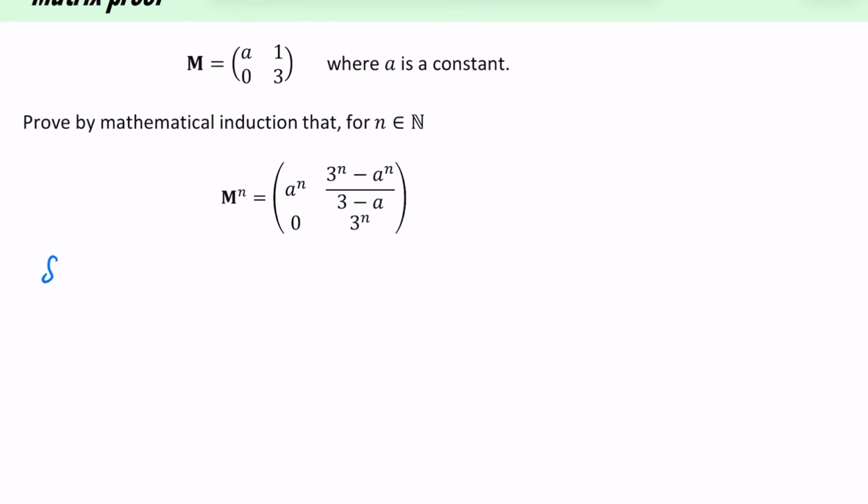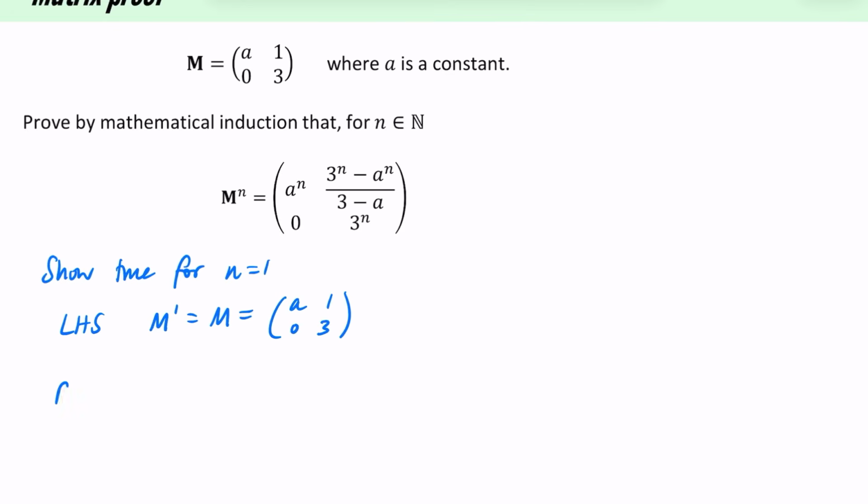So let's start off by doing the basis step. Let's show that it's true for n equals 1. So the left-hand side is just M to the power of 1, which is M, which is A, 1, 0, 3. The right-hand side is going to be our A to the n, 3 to the n minus A to the n over 3 minus A, and then 0 and 3 to the n.